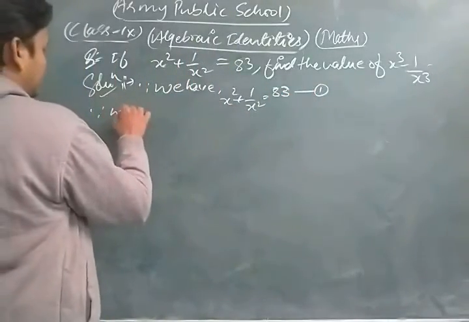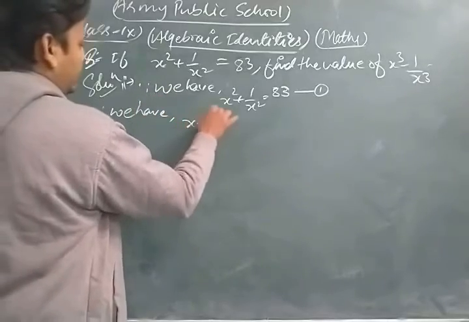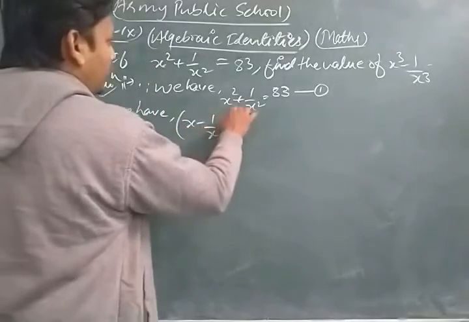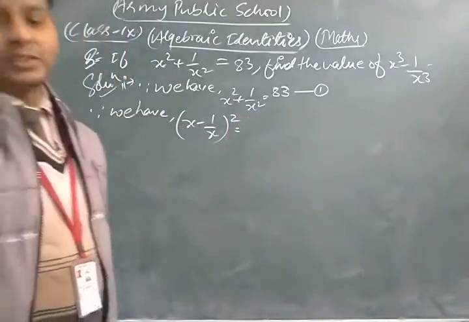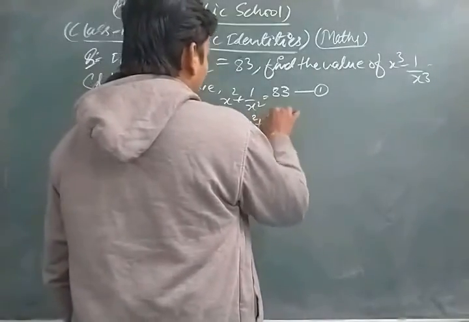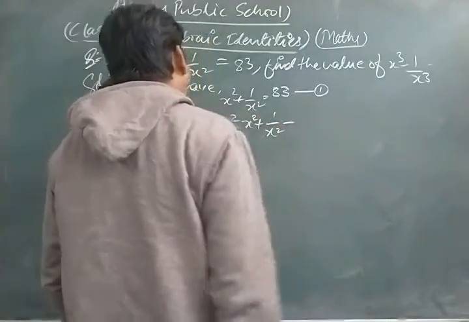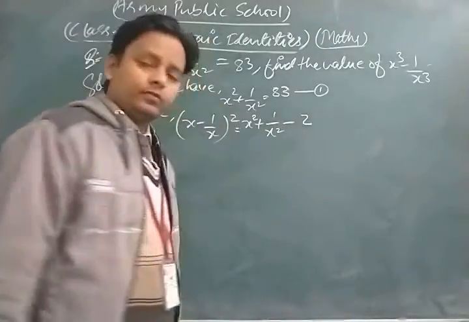Now, x minus 1 upon x whole square means a square plus b square minus 2ab, that is, minus 2.